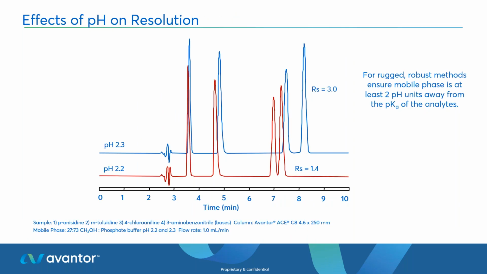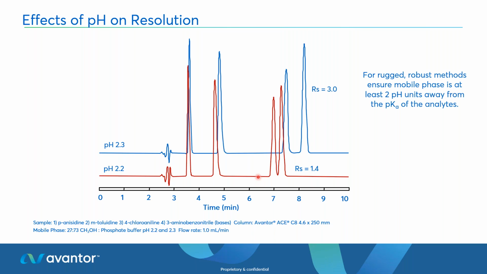Word of warning, you can see here the pH for two runs. This is the same test mix, same column, same mobile phase. The only difference is two people made up the mobile phase and there is a slight error in the pH. So I've got a 0.1 change in pH units and it's resulted in a complete loss of my baseline resolution for this critical peak pair.